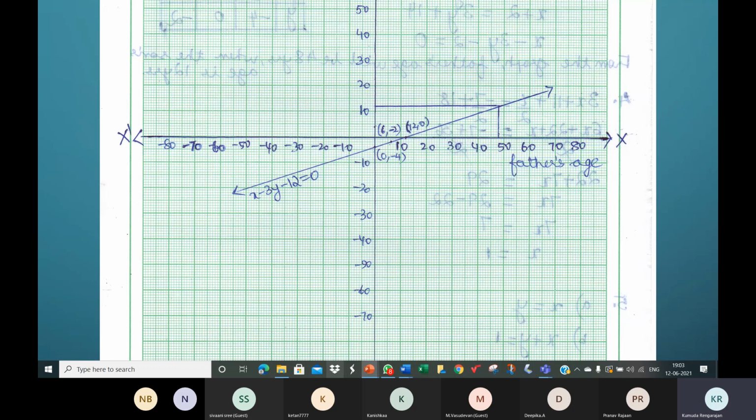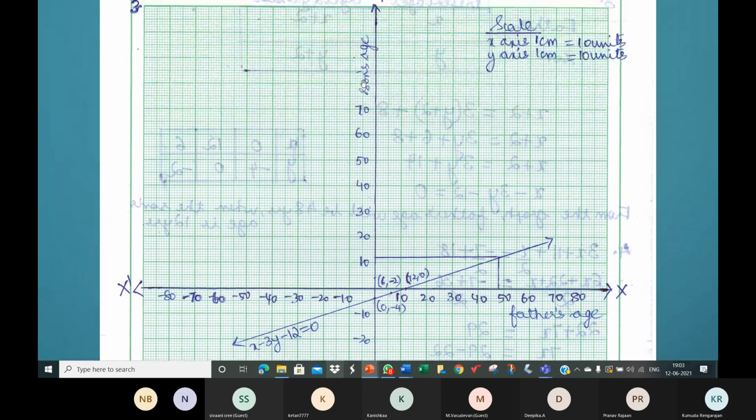This is the graph. You can see here when the son is 12 years old, 10, 11, 12, because the father's age is taken along the x-axis and son's age along the y-axis.